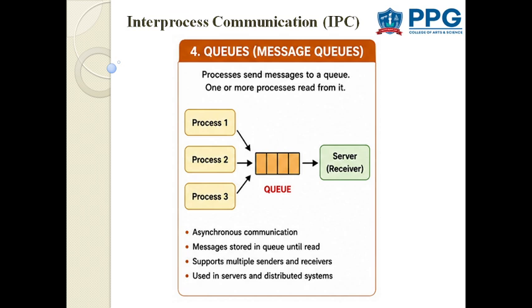Some of the advantages: synchronized communication, messages are stored in a queue until they are read, and it supports multiple senders and receivers at a time. It is used in servers and distributed systems. These are the queues in interprocess communication.